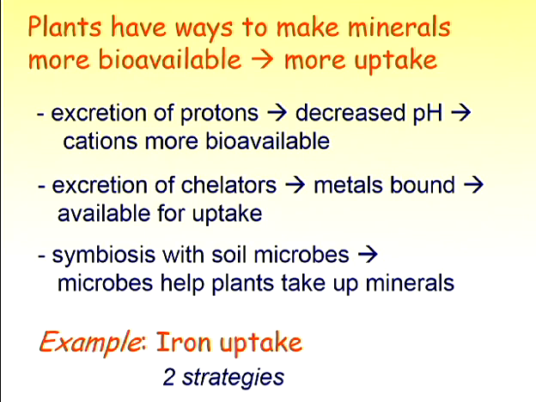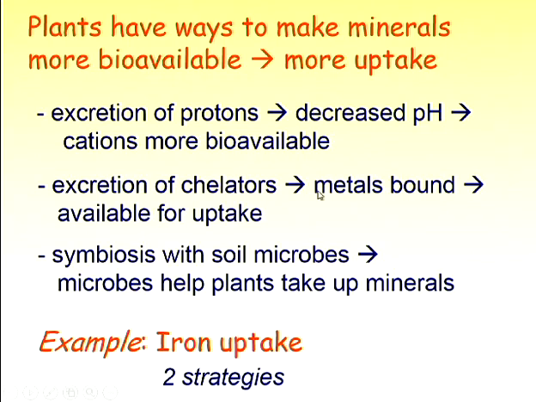So another thing that plants can do is they can strike a bargain with microbes, bacteria and fungi that live in their rhizosphere, and that can help them take up minerals as well as water, by the way. This can include both metals but also things like phosphorus, so nutrients in general.